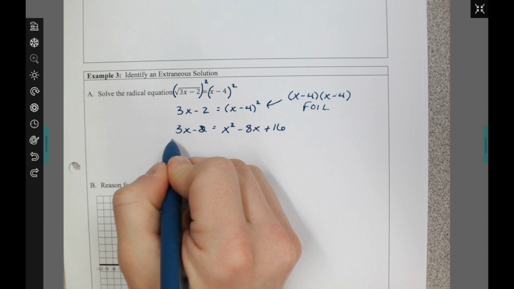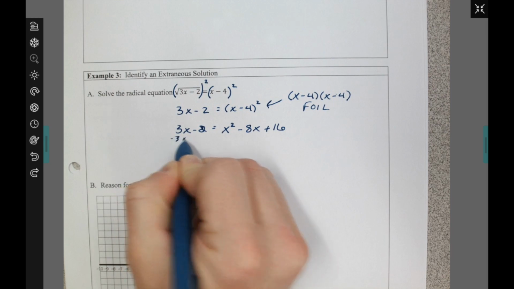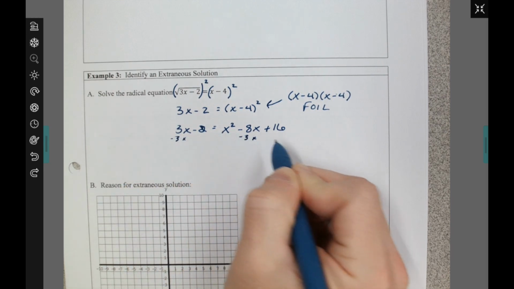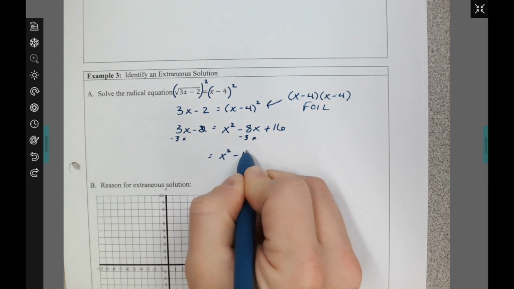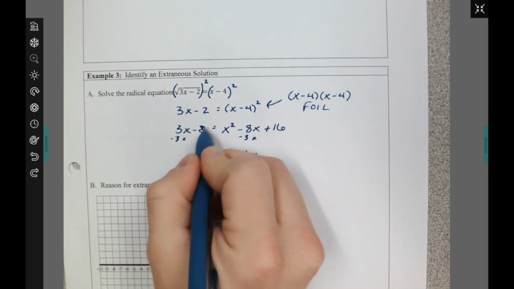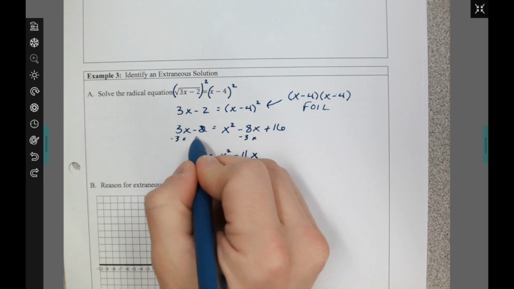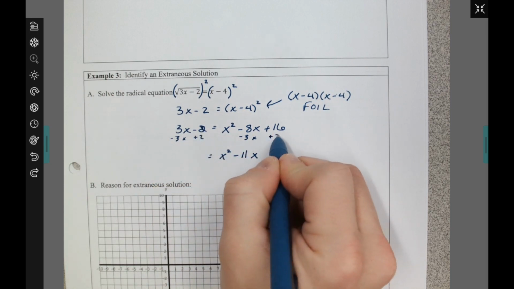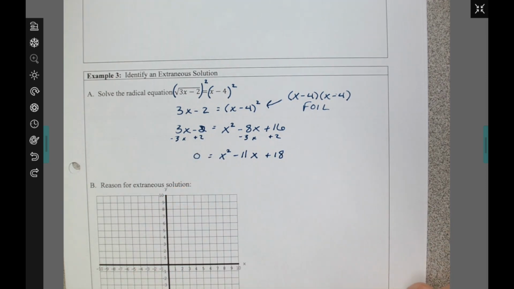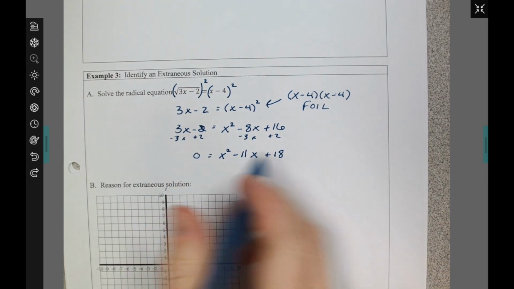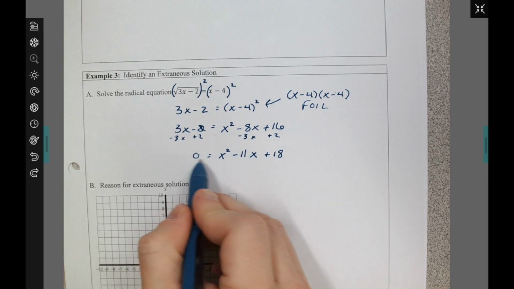Moving the 3x over, you do it by subtracting. So we're going to have x squared minus 11x. And then to move the minus 2 over, you add it to each side. Plus 18 equals 0.